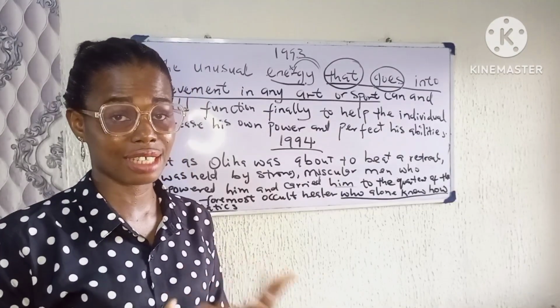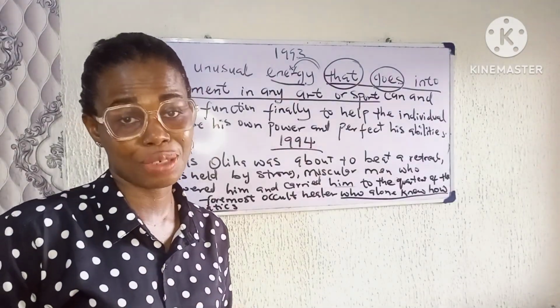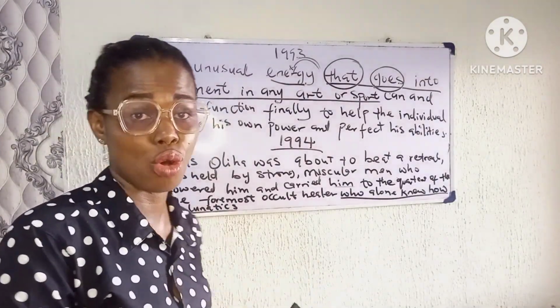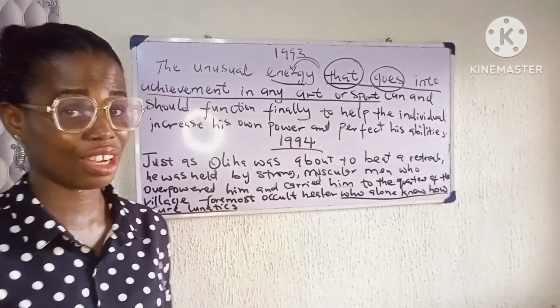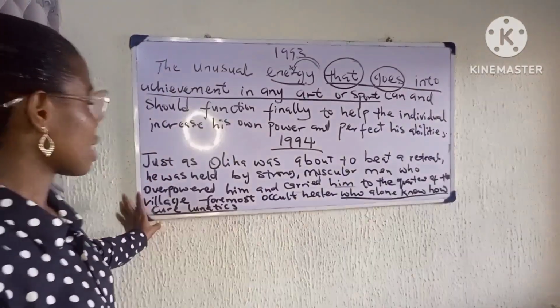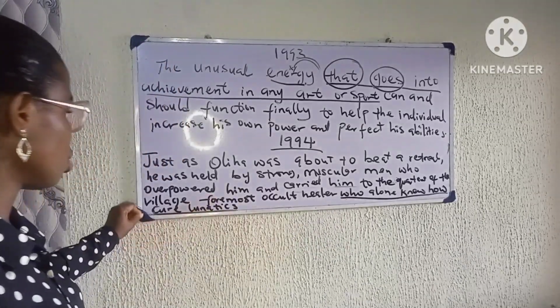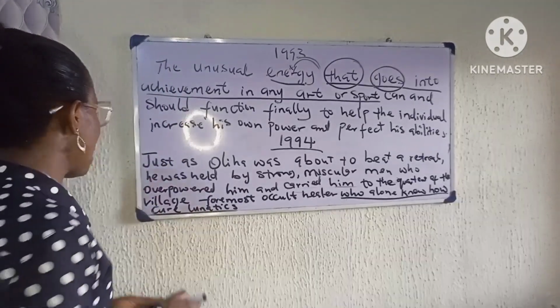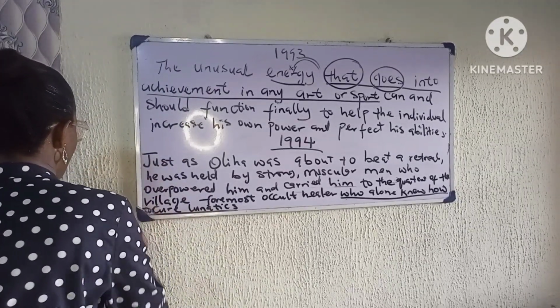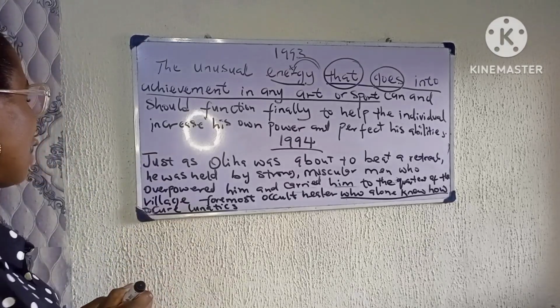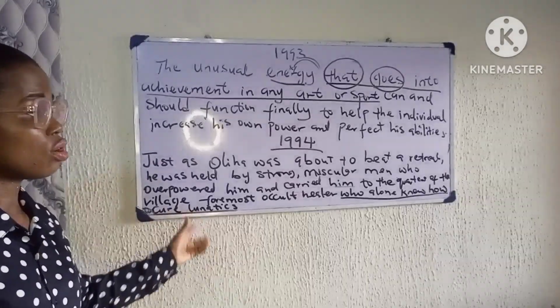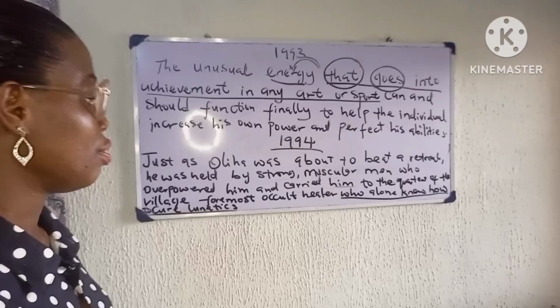You know that it is in the section on comprehension passages that you see questions on grammatical names and functions. The underlined words are "who alone knew how to cure lunatics."